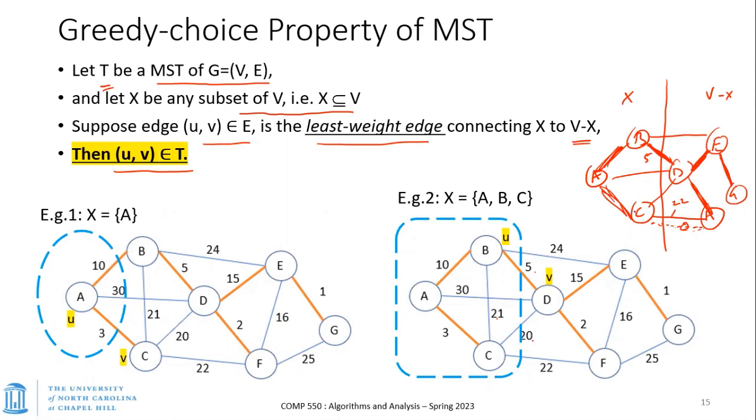So what we're saying is that now we remove this particular edge and we create a new spanning tree, let's say T prime, which comprises of the original tree, excluding 5, but now including 22.